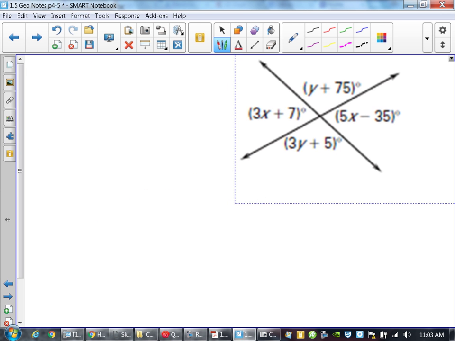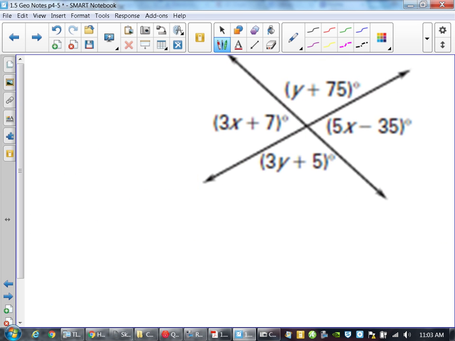Kind of a decent example of a mixture of vertical angles, supplementary angles. If I see a problem like this, I have to make the decision on how to solve it.